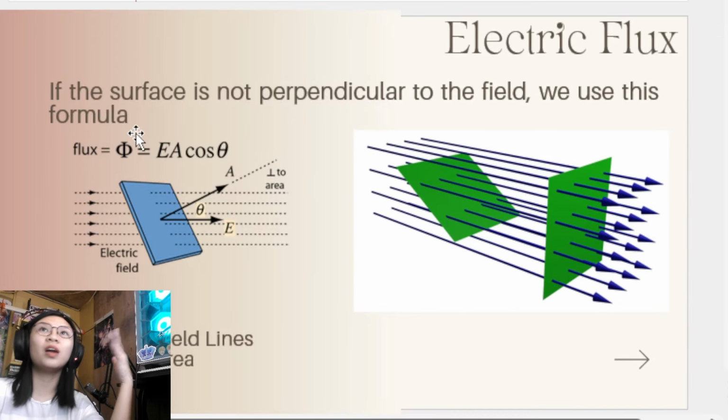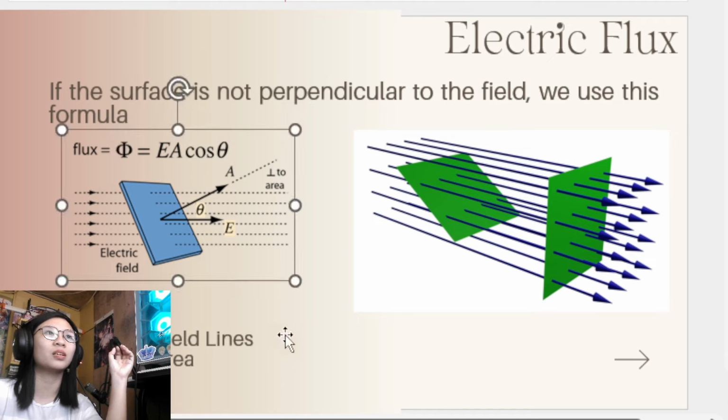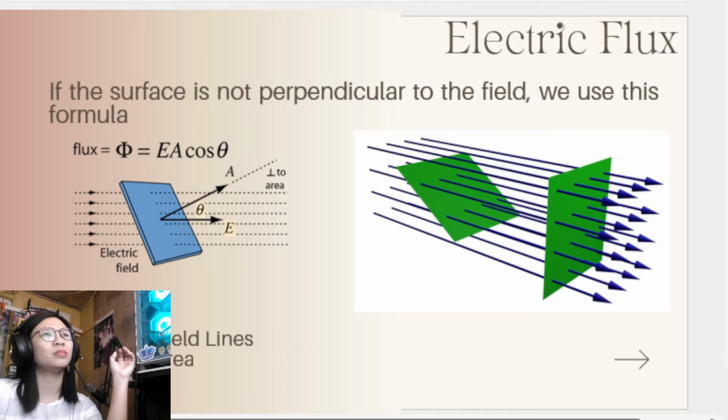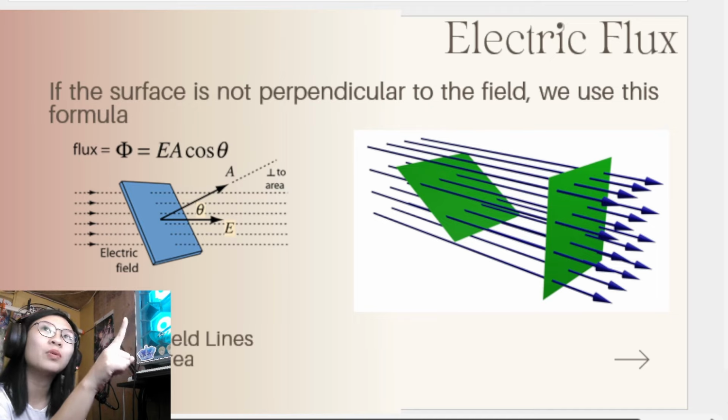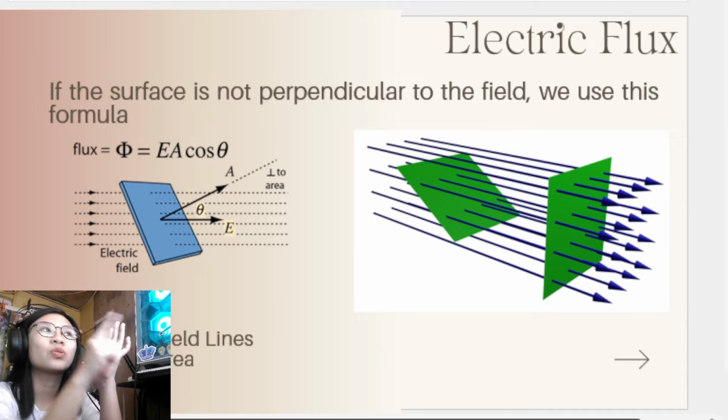The electric flux, we have phi, is equal to EA cosine theta, where theta is the angle between A and E, not S and E. Remember that. The theta in cosine theta means the angle between your electric field and your A, or normal vector.